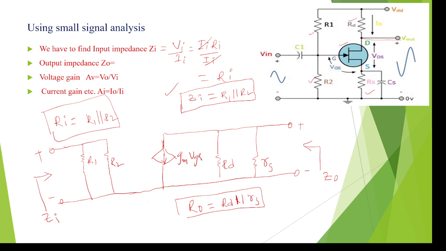Coming to the output impedance, Z0 equals I0 into R0 by I0, or else V0 by I0, output voltage by output current.